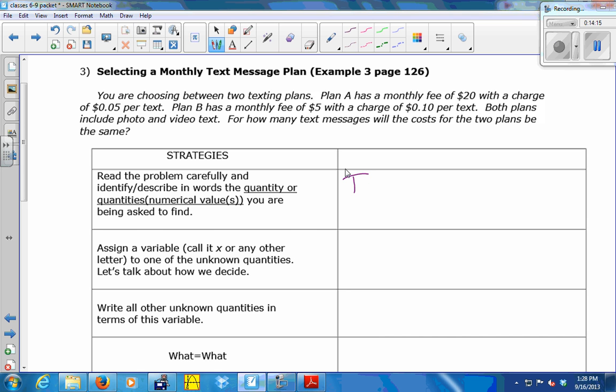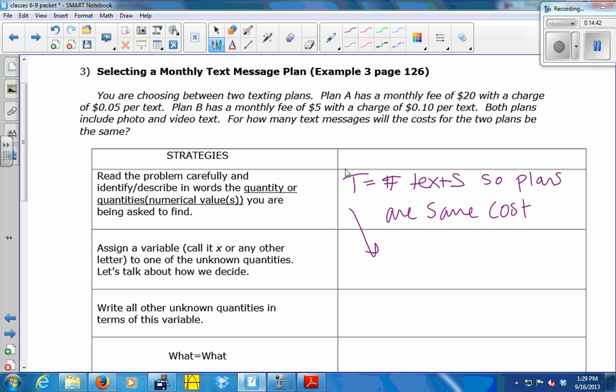So T equals the number of texts. So plans are the same cost. So T is going to represent a number of texts. Okay. So, oh, we just did that. We assigned the variable at the same time that we were identifying the question.